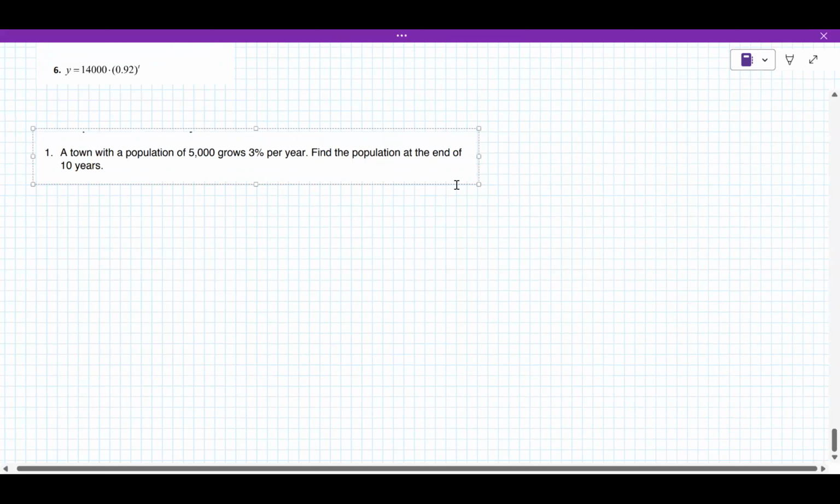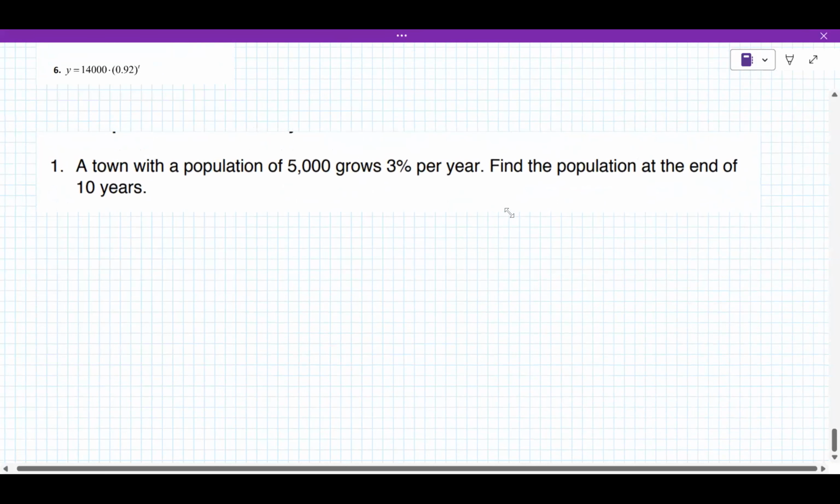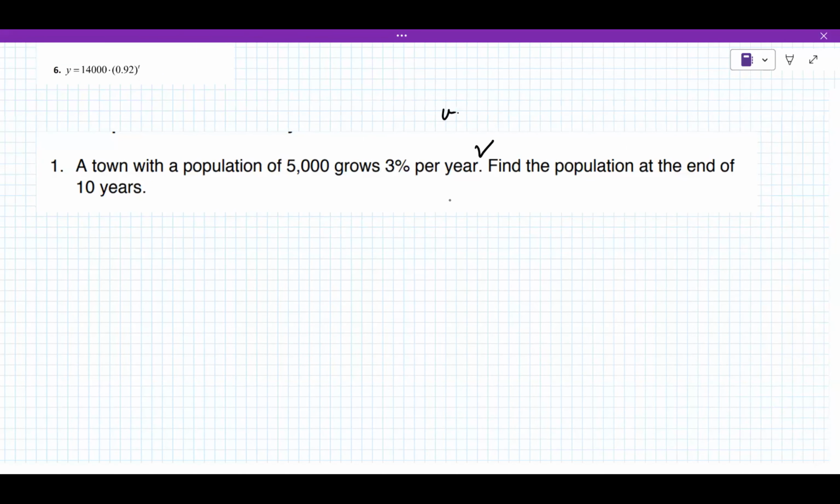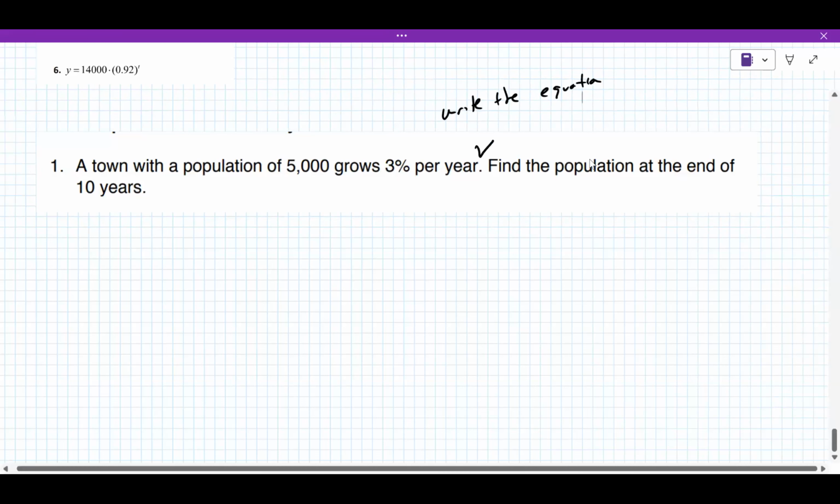It says a town with a population of 5,000 grows 3% per year. Find the population at the end of 10 years. So really there's an intermediate step here, which is to write the equation and then use the equation to find the population. Could you give me the equation for this, please?